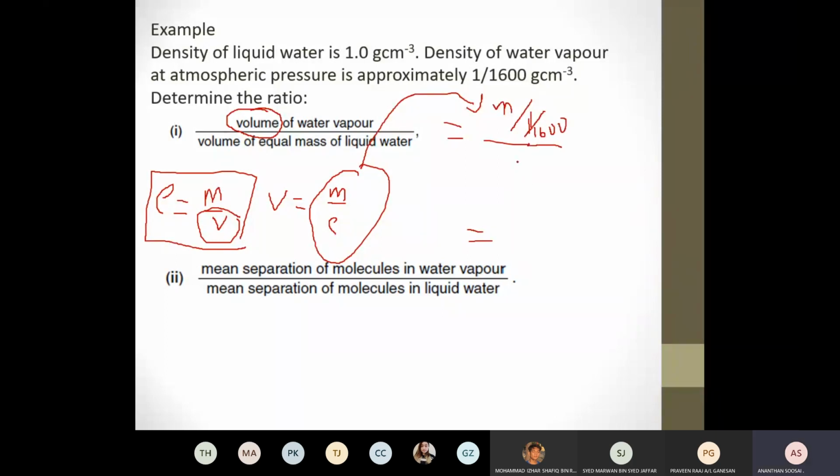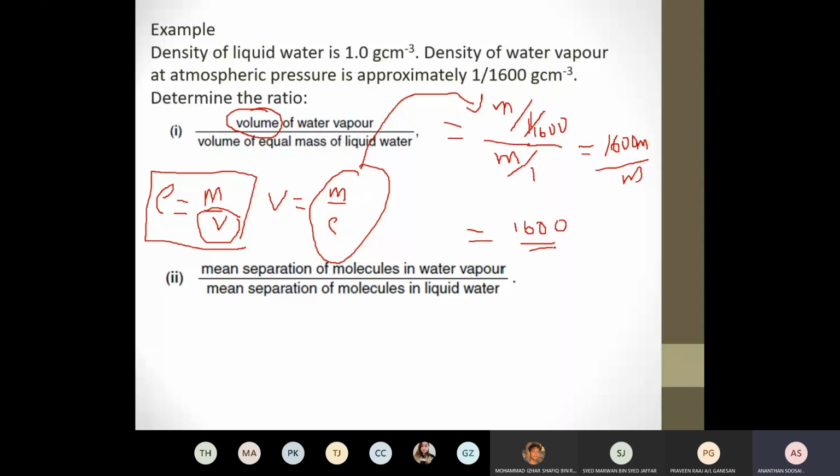Down, how much? Still the mass over the liquid density, which is 1. So what do you get? Up actually becomes 1600 m, down is just m. So you got 1600.